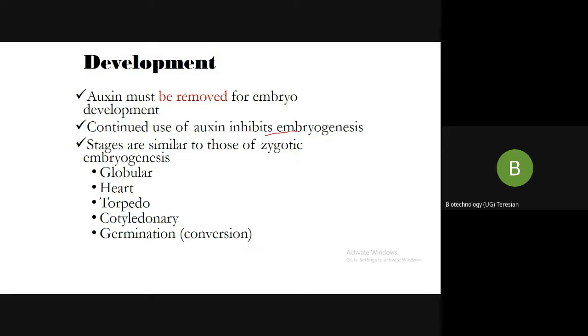The different stages of your somatic embryo formation are very much similar to your zygotic embryogenesis. There is no difference. It forms globular, heart, torpedo, cotyledonary, germination. These are the stages of the development of your embryo.